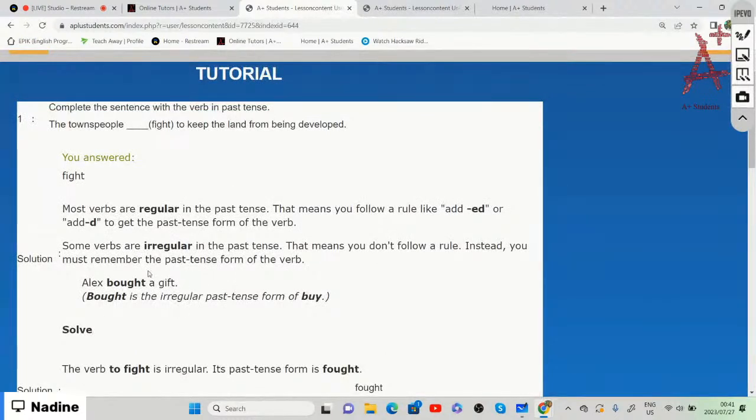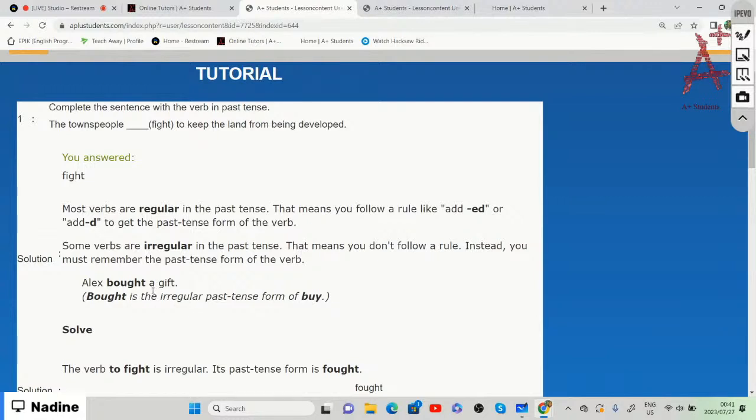Okay, so I explained the difference between regular and irregular past tense. An example we have is, Alex bought a gift.